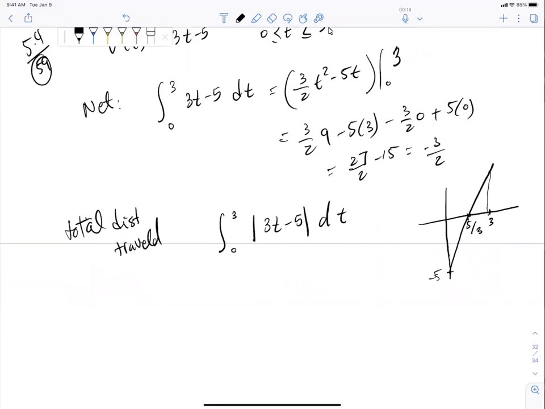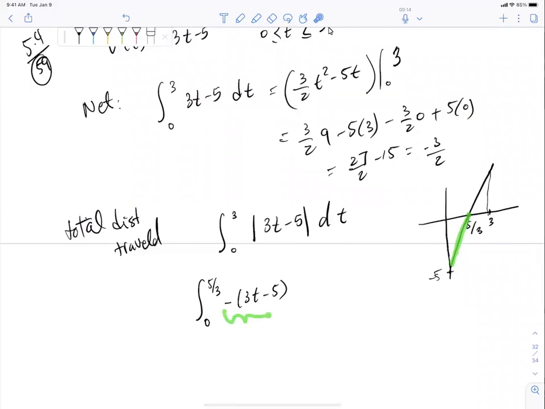So I have to split the integral, 0 to 5/3. From there, I have to change it to negative. Why? Because from 0 to 5/3, the function is negative. It's below the x-axis, so I have to make it positive. So I multiply the function 3t minus 5 by a negative.